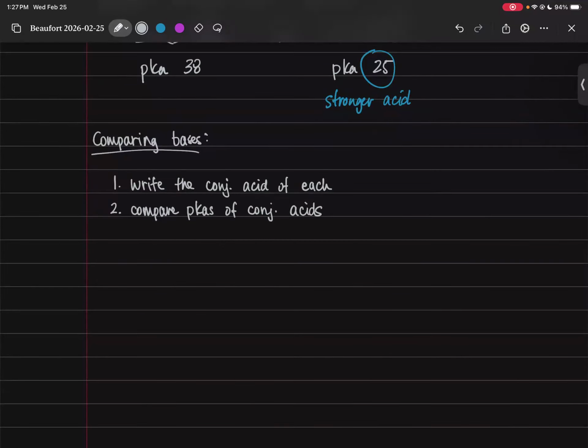And then here's the catch, because we're looking at bases, that is the weaker acid. Or let's see, I should say the weaker conjugate acid. The weaker conjugate acid is the stronger base.